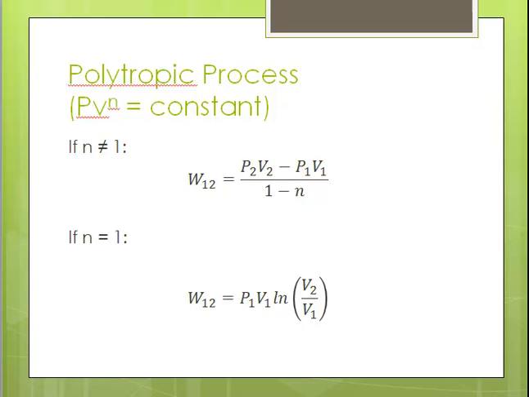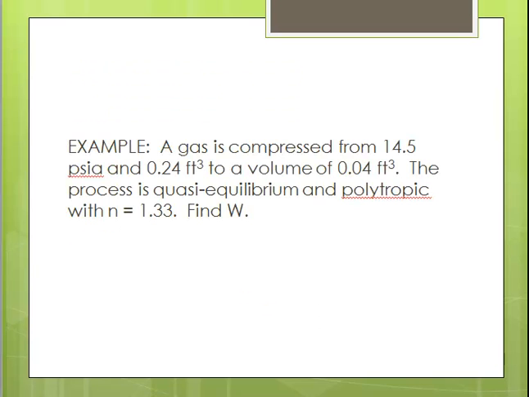So let's look at an example. I have a gas compressed from 14.5 psia and 0.24 cubic feet to a volume of 0.04 cubic feet. It's a quasi-equilibrium process, meaning that these rules all apply. And it's polytropic with an index of 1.33, and we want to figure out how much work there is.